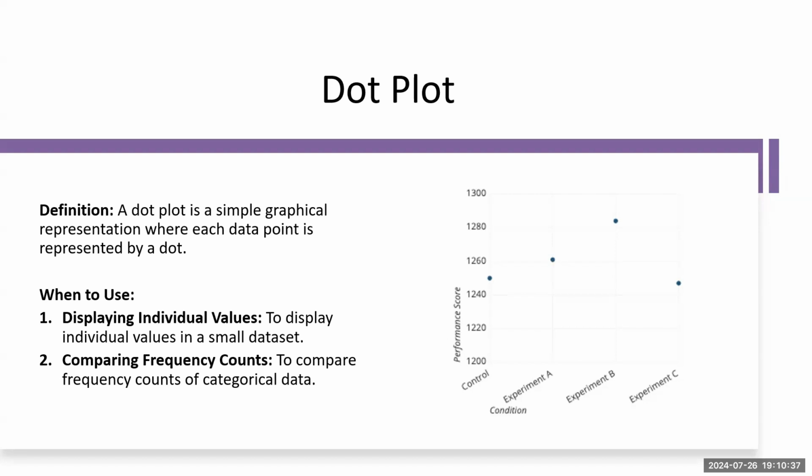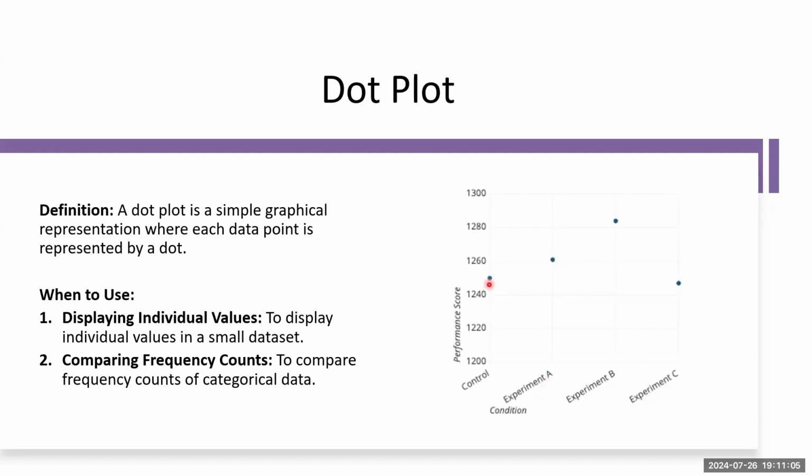A dot plot is a simple graphical representation where each data point is represented by a dot, as simple as that. Okay, displaying individual values, comparing frequency counts, to compare frequency counts of categorical data. Instead of using a bar graph, here we could have used a bar graph, right? We could have drawn a bar from here to here.